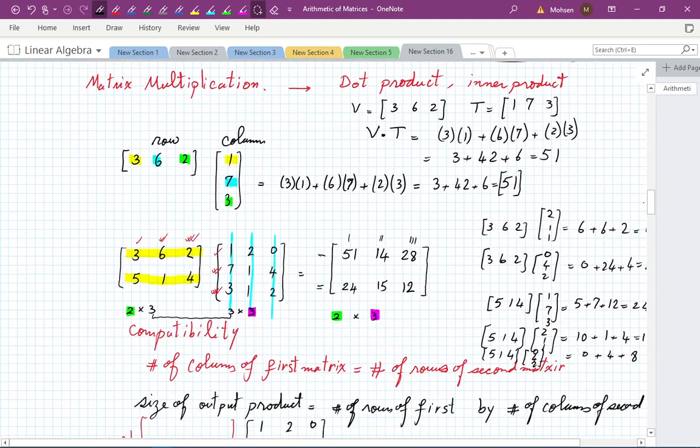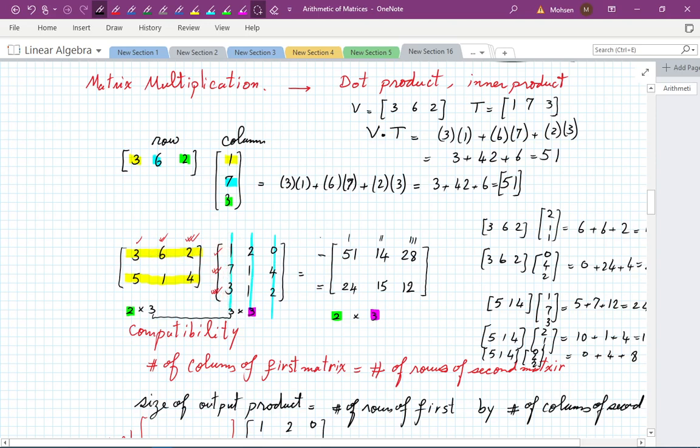So for example, if I have this matrix with yellow rows and this other matrix which is a case of blue columns, to multiply these two matrices, it means to multiply each of the rows of the first with each of the columns of the second and record the result in the corresponding location. So for example, 3 6 2 had to be multiplied with 1 7 3 as a dot product of two vectors.